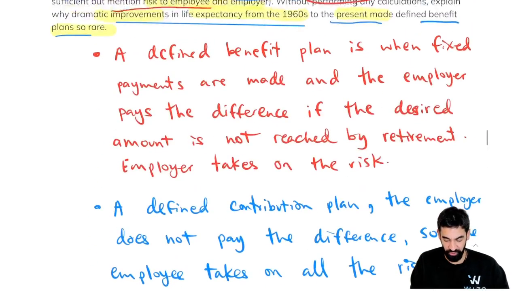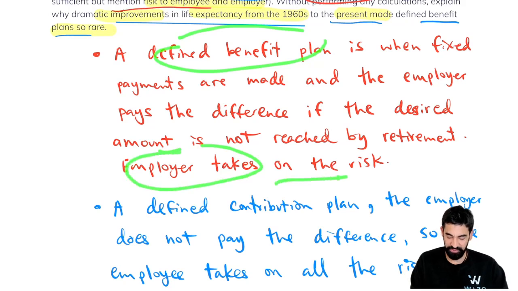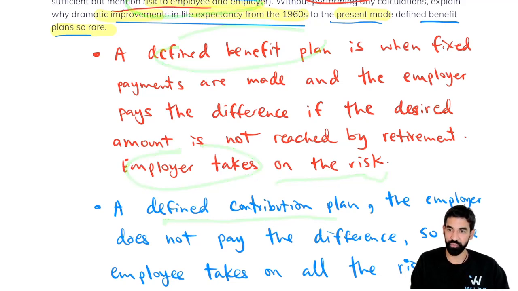Like if you know, okay, defined benefit plan was in the question. They told us the employer is taking on the risk. So let me at least write that down. Let me at least get 1 mark. Now, if I got 1 mark there, then what must be the defined contribution plan? Well, here they're telling you who the risk goes to, employee or employer. So if it's the employer here, then in the second one, the contribution plan, it must be on the employee. How could it be on the employee?